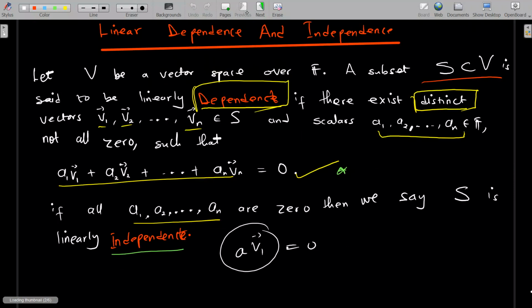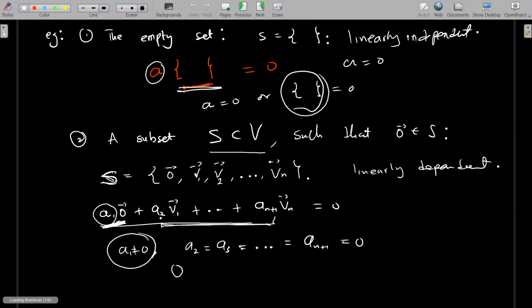And that is the definition, right? We said that if not all of them are 0, and the equation is satisfied, summing everything gives 0, then you have linear dependence.